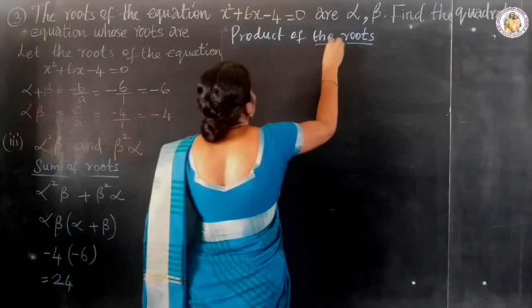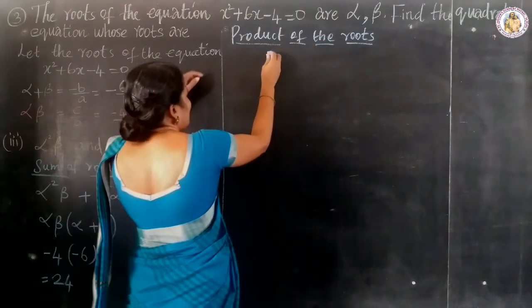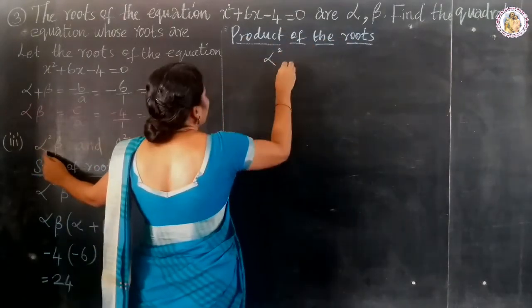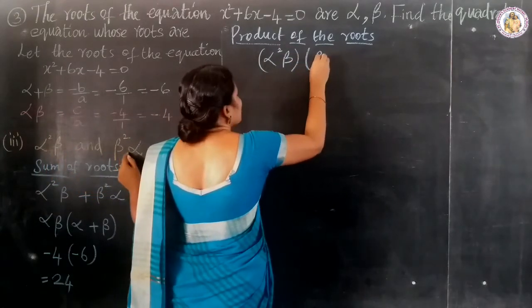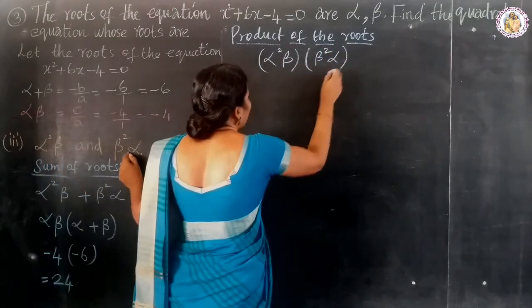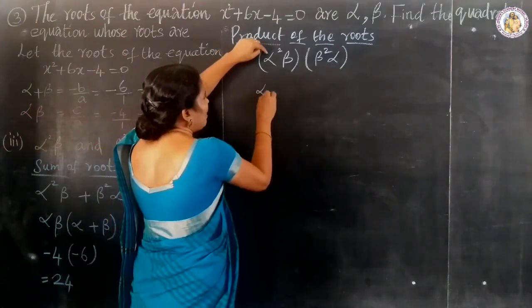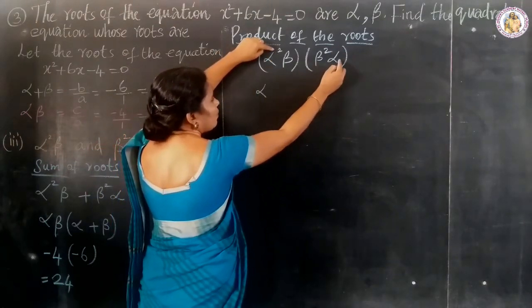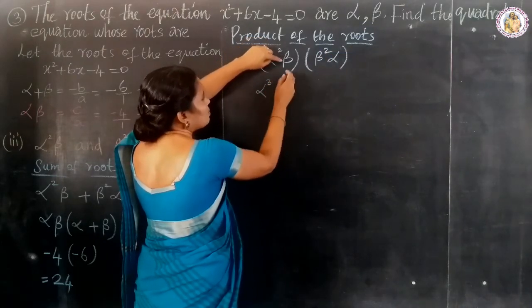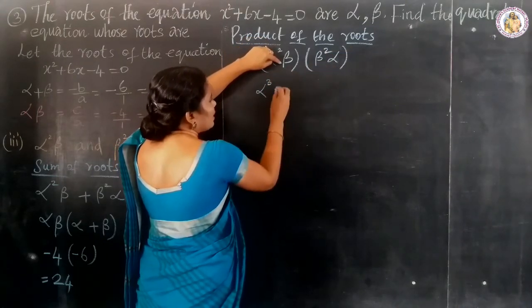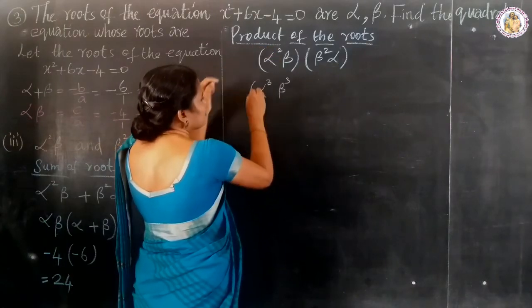Product of the roots is alpha square beta product, so multiply beta square into alpha. Now alpha square, and here we have one more alpha, so alpha cube. Beta into beta square, so beta cube.